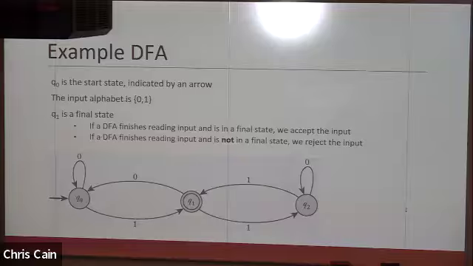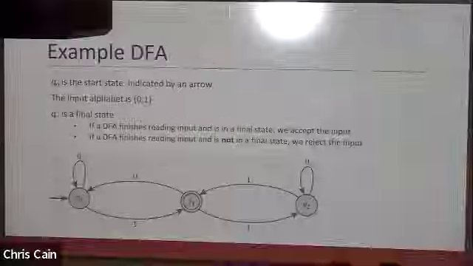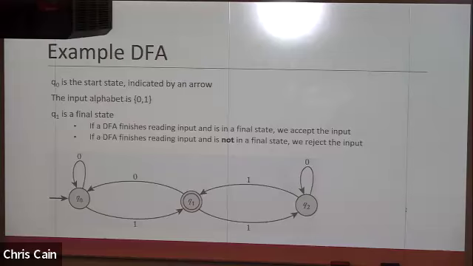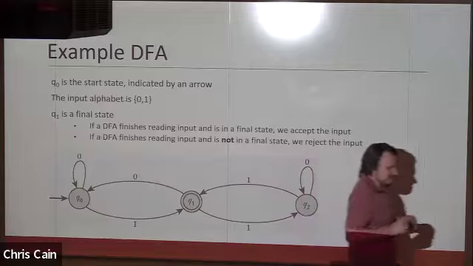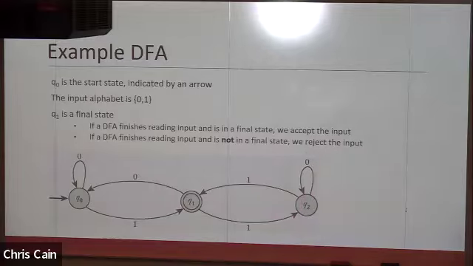So one question I might have for you is, what language does this DFA represent? It becomes a little bit more challenging. There's a simple answer that's wrong. This is a little bit hard to find and justify without some additional tools.